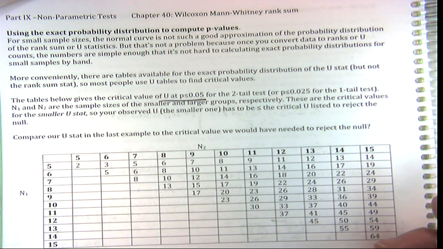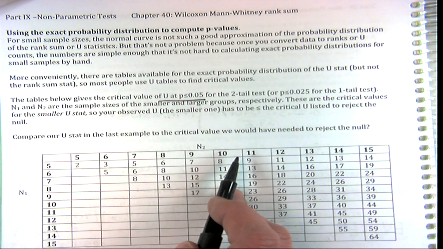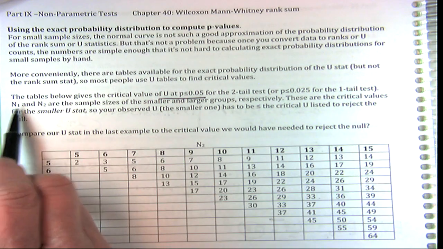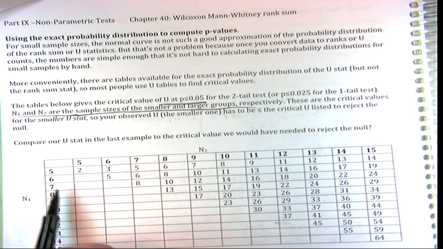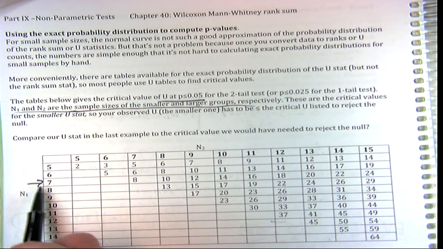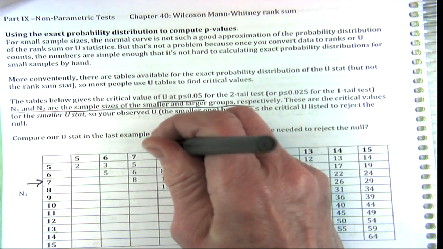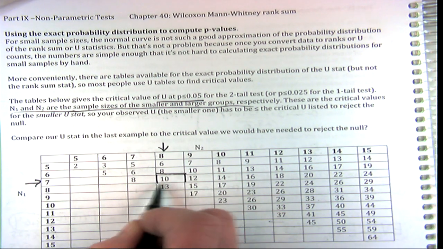So let's look at this. N1 and N2 are the sample sizes of the smaller and the larger group. So we want to look at 7 here for us. That's our smaller, and here's our larger. And that will give us a critical value right here of 10.